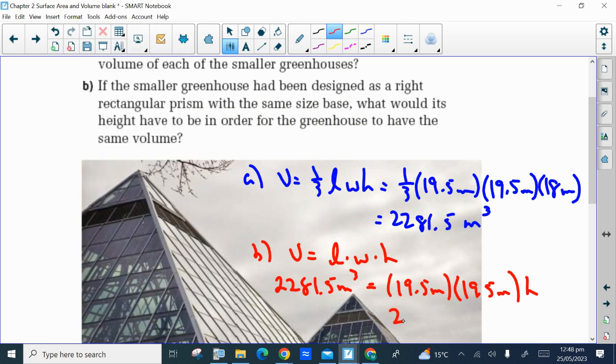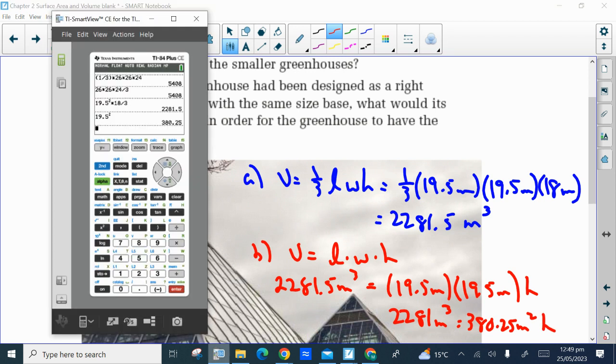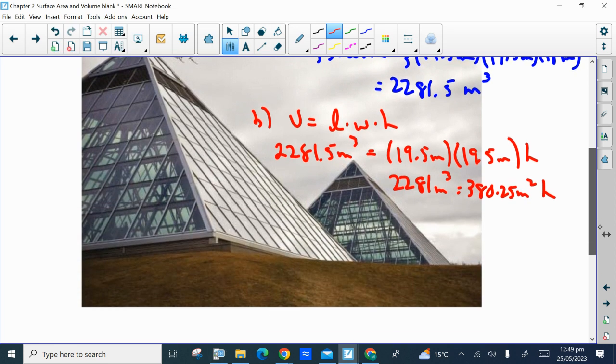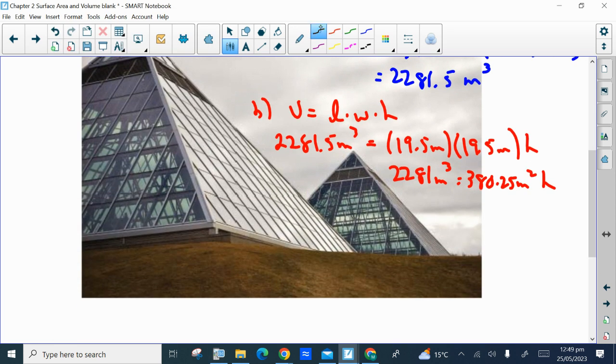So 2281.5 meters cubed will equal 380.25. And on this side, it's meters squared because you multiplied meters times meters, times h. To get h by itself, then we would divide both sides by the 380.25 meters squared.